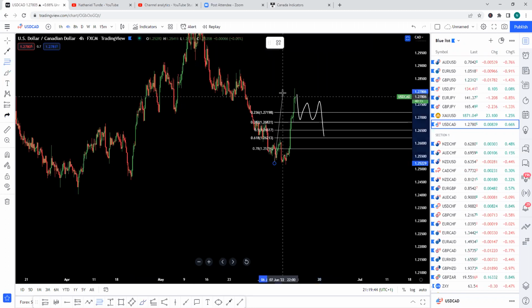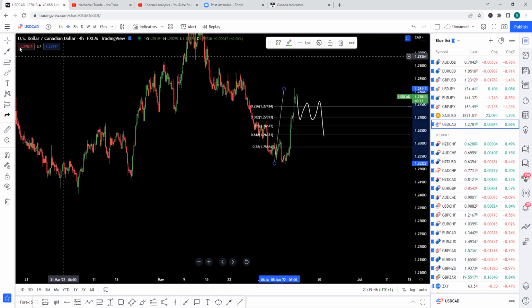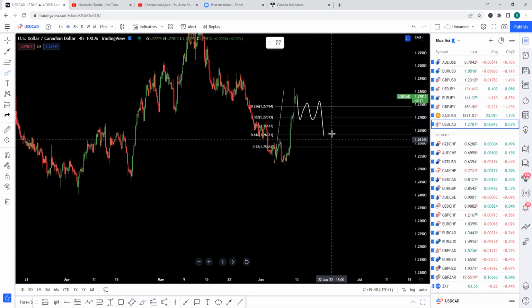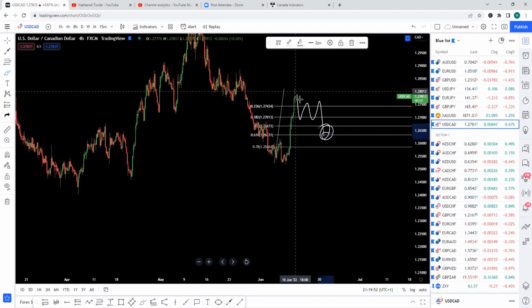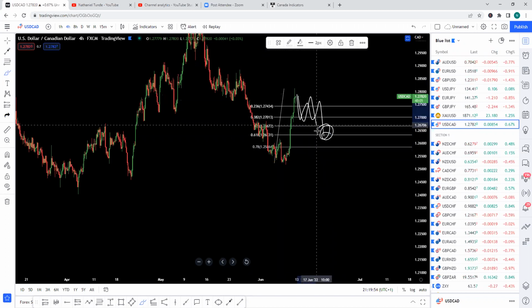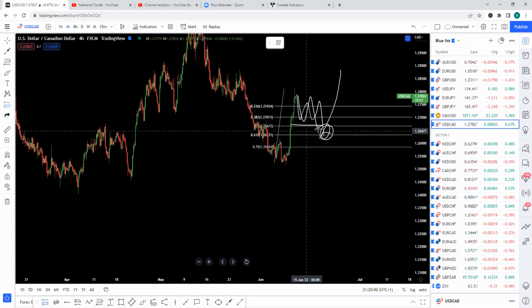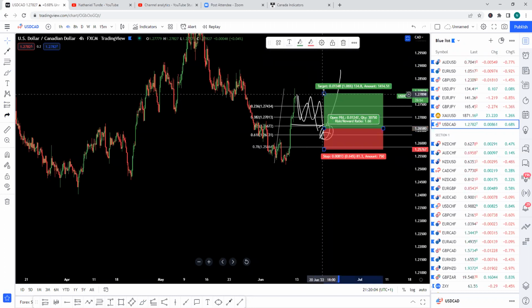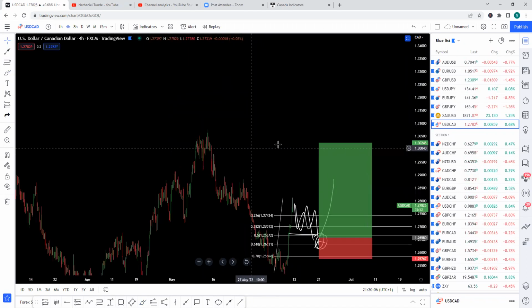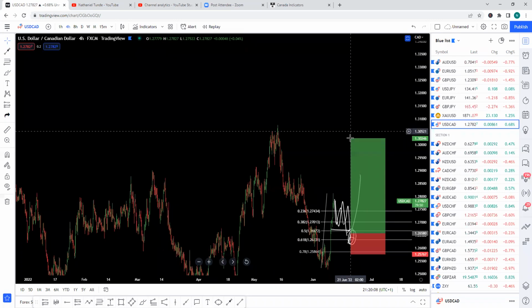If it's a zigzag, target 78. If it's not a zigzag, 50 to 61, so if it's a flat, it's okay. If you move upside from here, just below 78, target. That's how simple it is. That's how it's done.